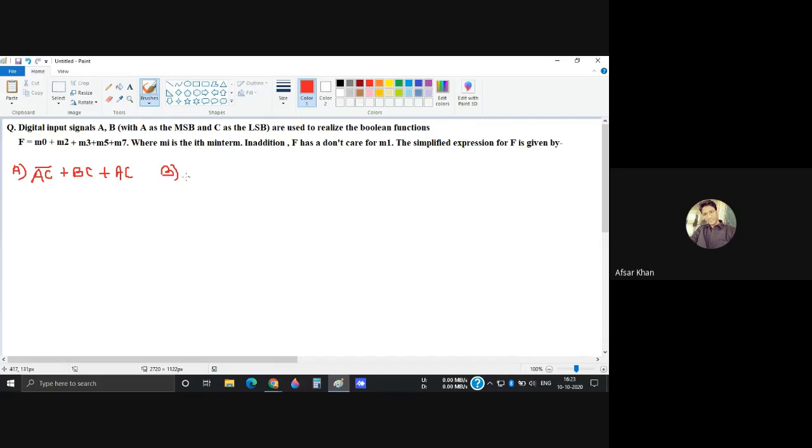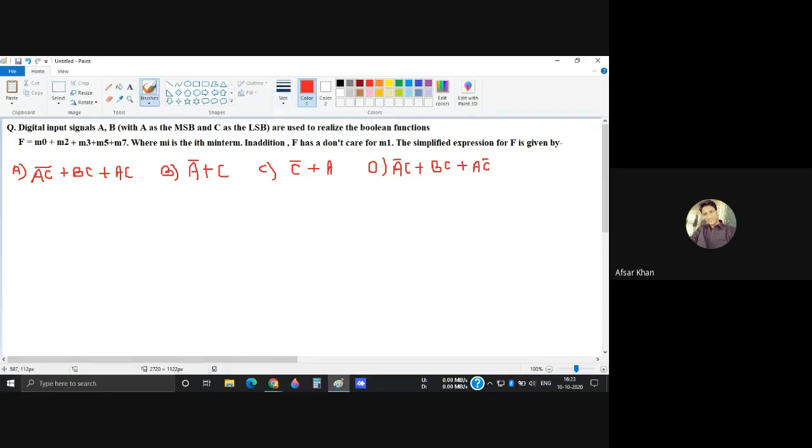Option B is A bar plus C. Option C is C bar plus A. And option D is A bar C plus BC plus AC bar.